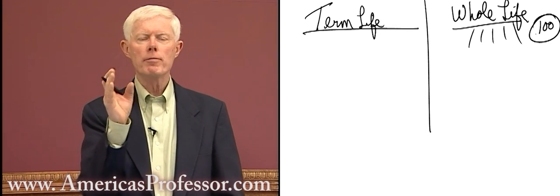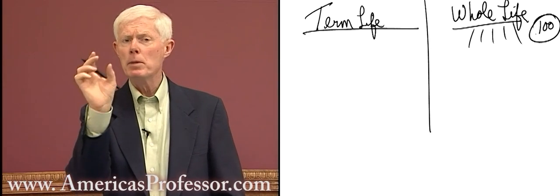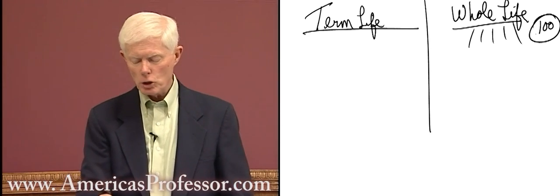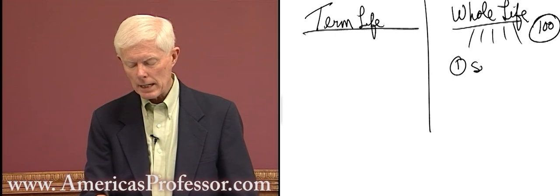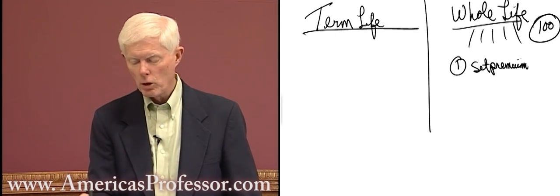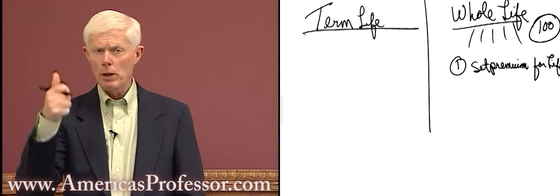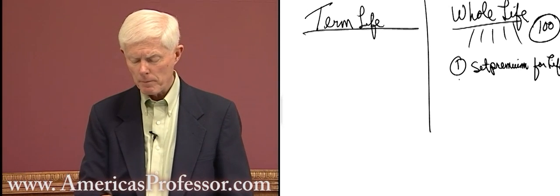But with whole life, I never have to take a physical again, and my premium is set for life. So if I want a set premium for life, never want to worry about the premium going up, whole life is for me.